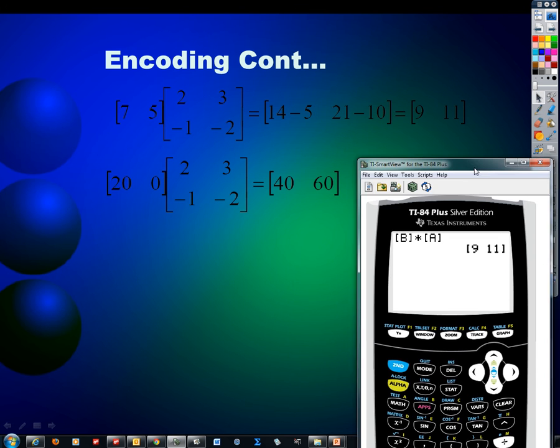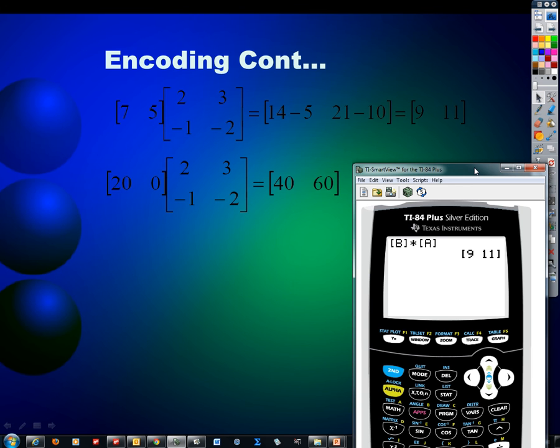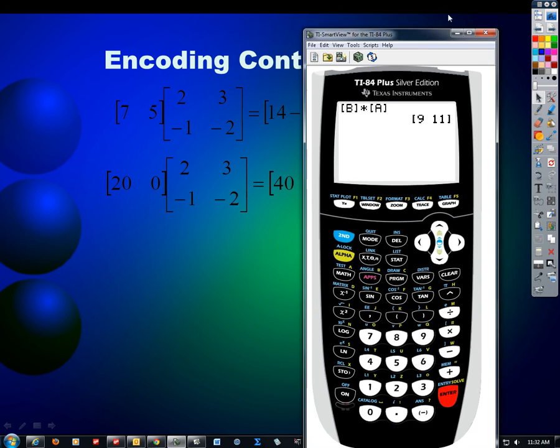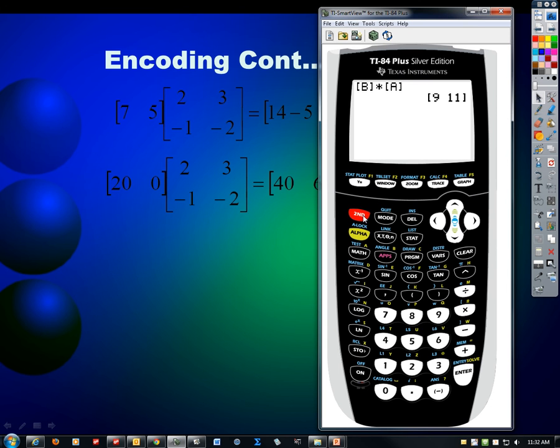Okay, and look what we get. There's our 9 and 11, right? If you have to do a lot of this it could get time consuming, but watch this, we can make this really simple. All I have to do is go back to the matrix menu, edit B, and put new numbers in, like 20 and 0.